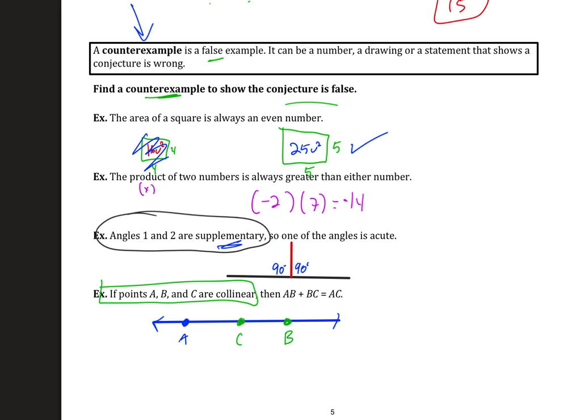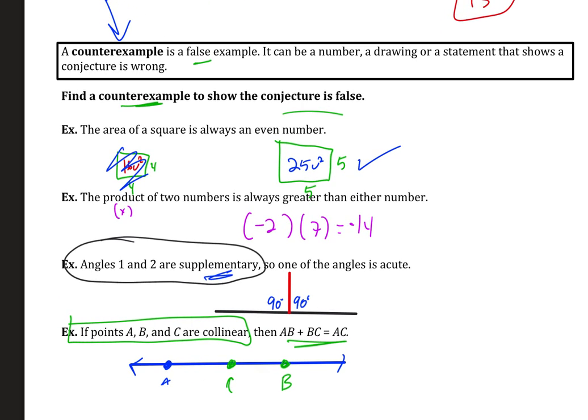They're on the same line, but AB plus BC does not equal AC, right? This larger portion AB plus the right portion does not equal AC. So by putting these points out of order, I have made this counterexample where AB plus BC does not equal AC. All right, so that concludes the notes for right now.